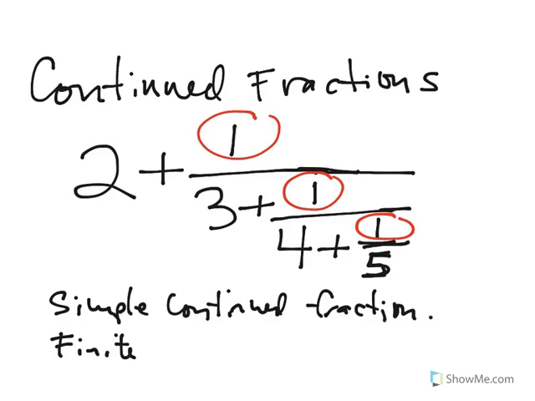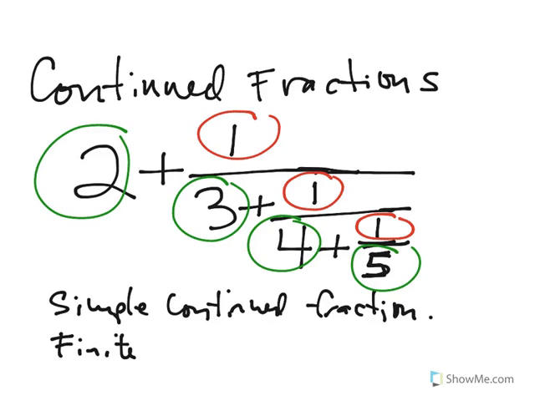Now it's hard to write or to type out a continued fraction, but if it happens to be a simple continued fraction, then all that's important are these numbers, and that describes all the information about the continued fraction.